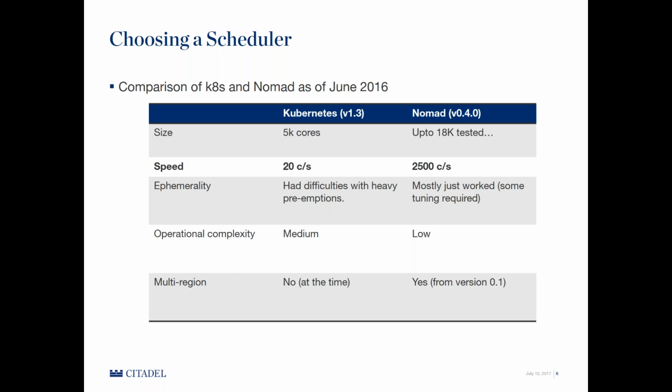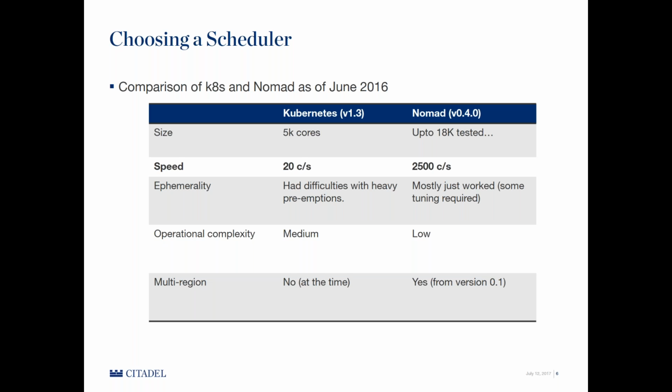uninterrupted rate. Another thing, which is more a qualitative decision, was the operational complexity. Just getting the two clusters up and running, and maintaining them at these larger scales, and especially these very high throughput rates, was pretty simple with Nomad, to be honest with you. On the Kubernetes side, we had some significant problems keeping it up and healthy under this very high stress.